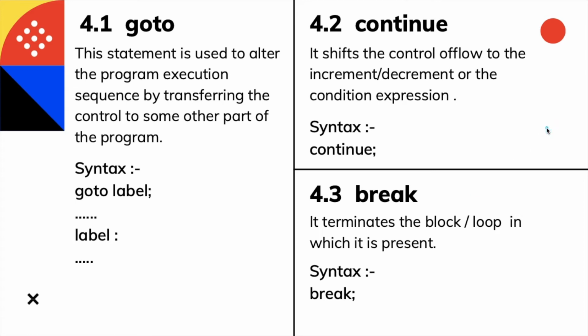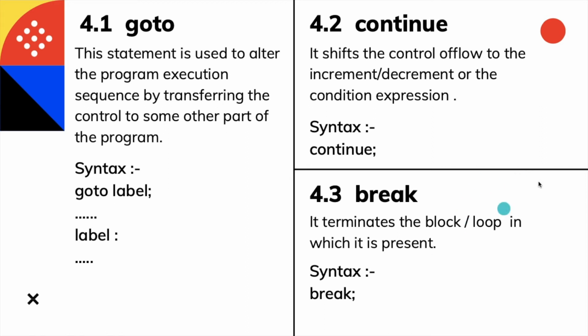Then we have the break statement. Just like its name says, it helps us break that particular block. We just break out from that block, so it terminates the block or loop in which it is present. We have used break in the switch statement, and we noticed that after a particular case is triggered, the next case is not executed, because we break out of the switch block itself.